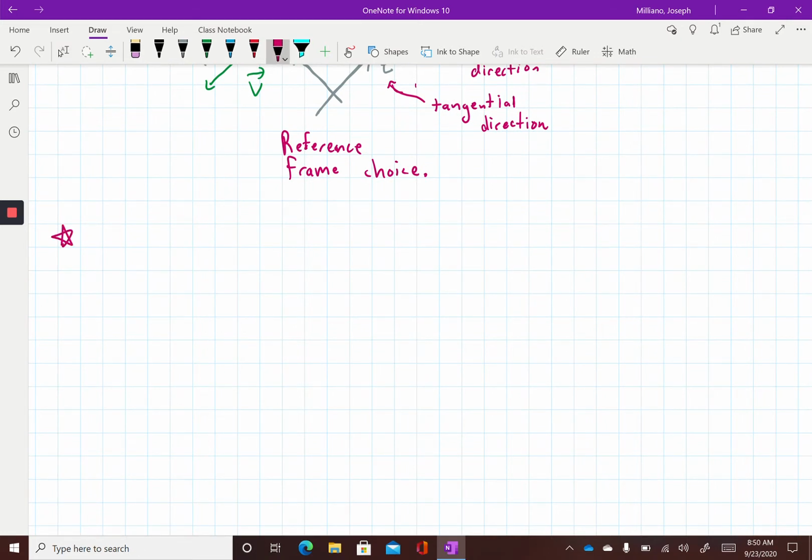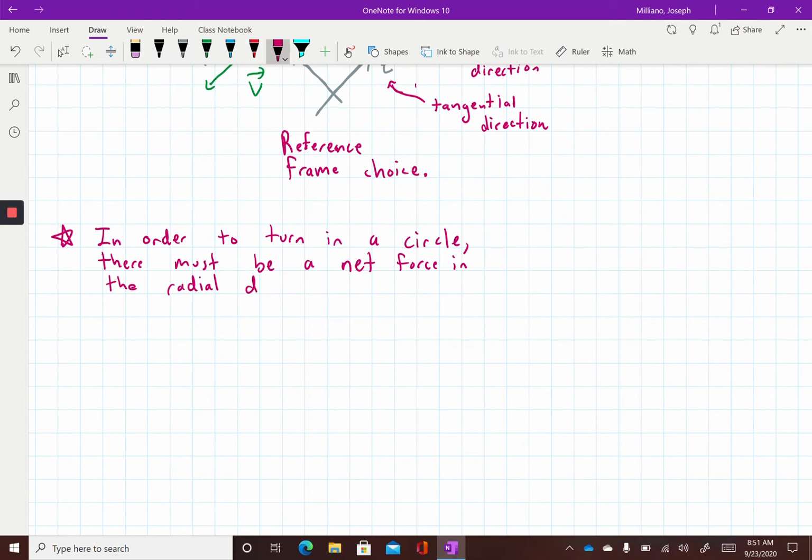One fact is that in order to turn in a circle, there must be a net force in the radial direction pointing toward the center of the circle.